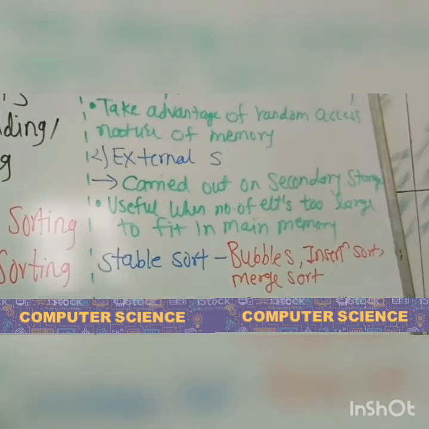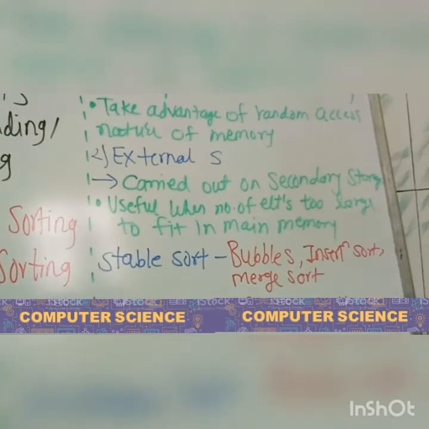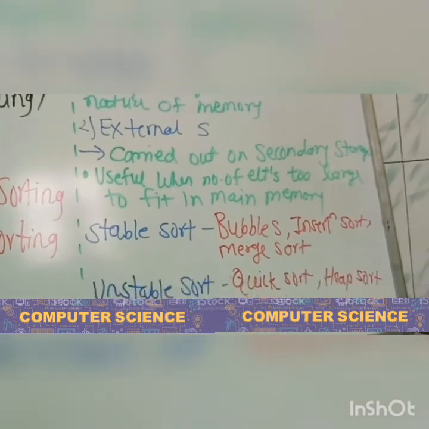External sorting is useful when the number of elements is too large to fit in the main memory, meaning when you have a lot of data that will not fit into your small main memory. So we shift to secondary storage, where we get a lot more space compared to the main memory. So this is external sorting.